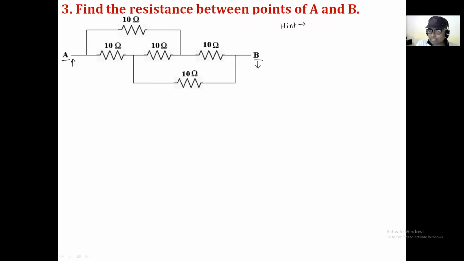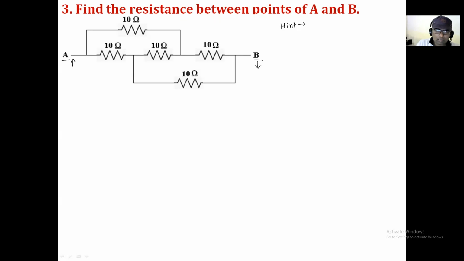You can pass the current at point B and collect it from A also. It's not a problem. Out of the 2 points, we assume that we pass a current at any one point and collect the current from the other point. This is the assumption.